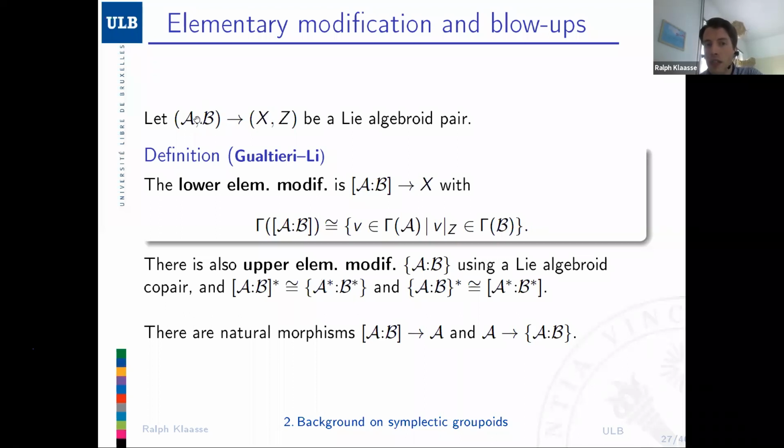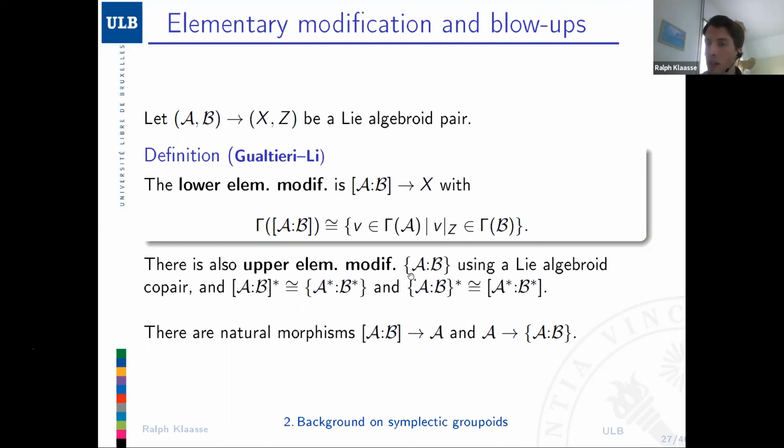Essentially, B is a Lie subalgebroid, right? So there's an injective morphism. What you need for this copair, instead of an injective morphism, is a surjective comorphism. I don't really want to explain to you what a comorphism of Lie algebroids is, but if you're familiar with it, then there you go.